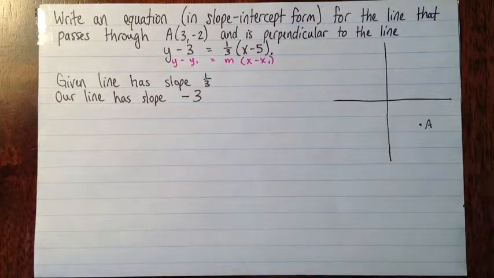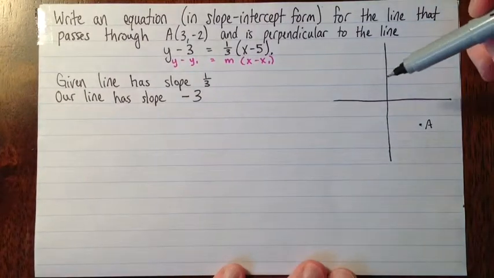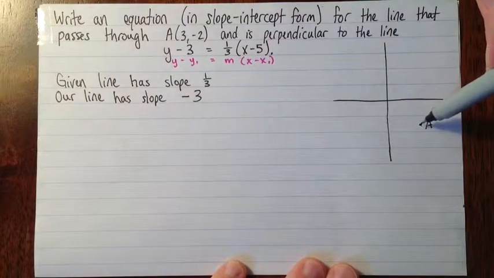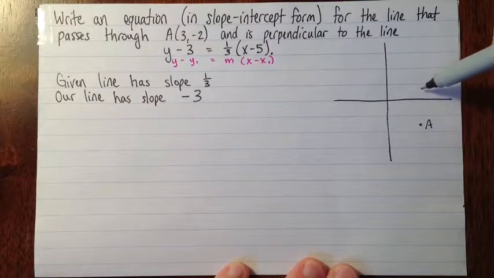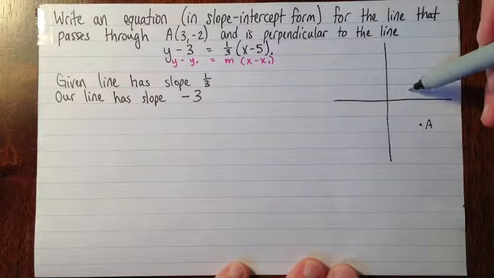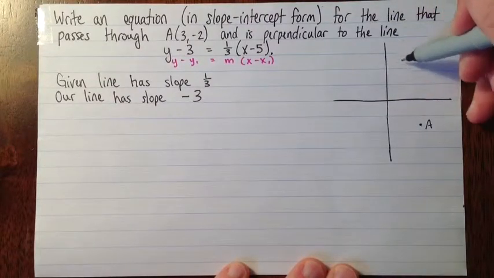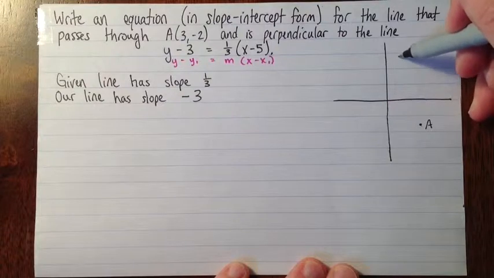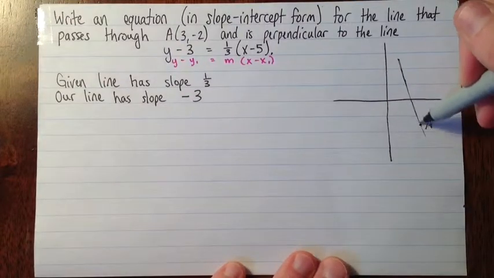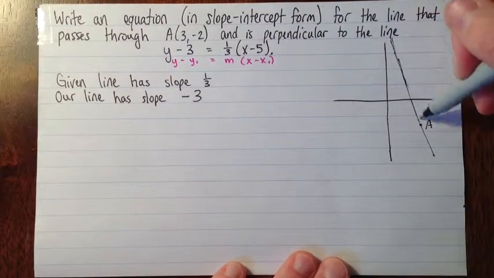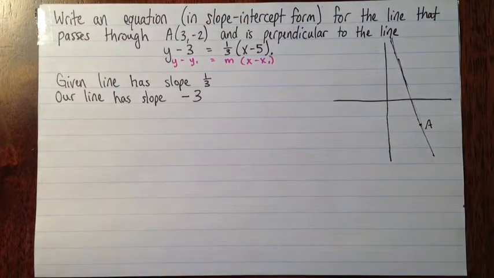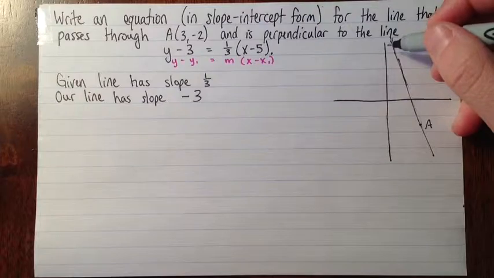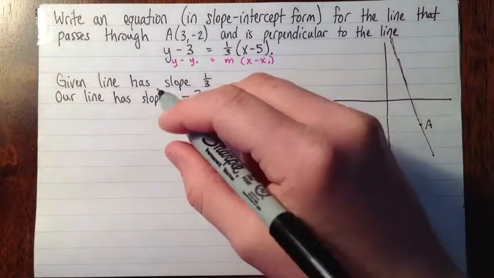So our line is going to have a slope of -3, and it's going to go through this point over here. To draw a little sketch, we'll go up 3 and back 1, so it'll be pretty steep. Maybe about like this. We'll use this to double check our final answer.